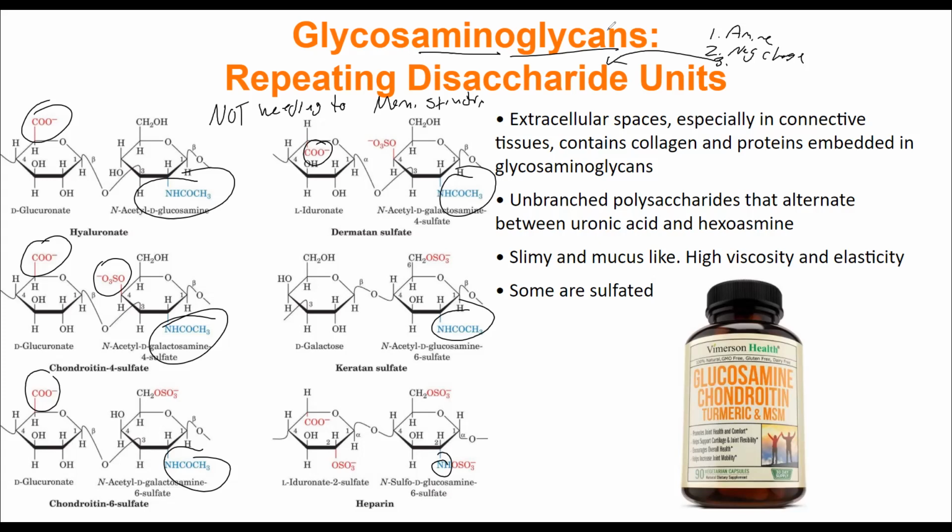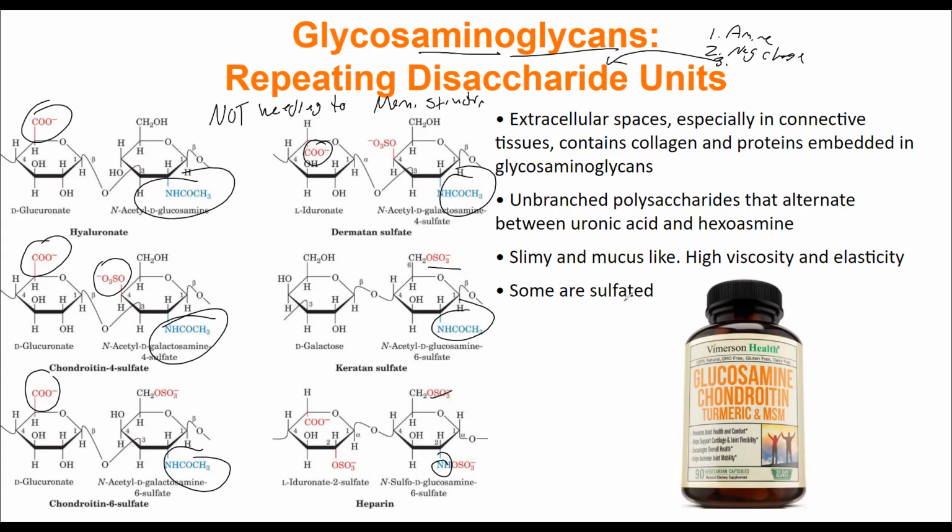And when these sugars are on the outside of your cell, they form a very slimy and mucus-like substance, very viscous and elastic, which is good for your joints, right? So in your joints, you're going to have a lot of these glucosaminoglycans because they form this mucus gel-like substance, which is great for shock absorbers. And also, this last bullet point here, some of these are sulfonated to make more negative charges.